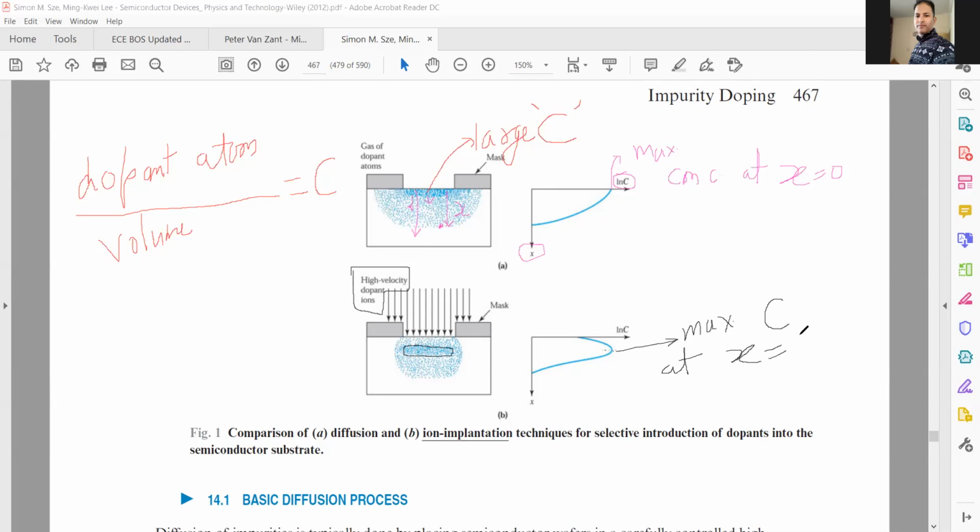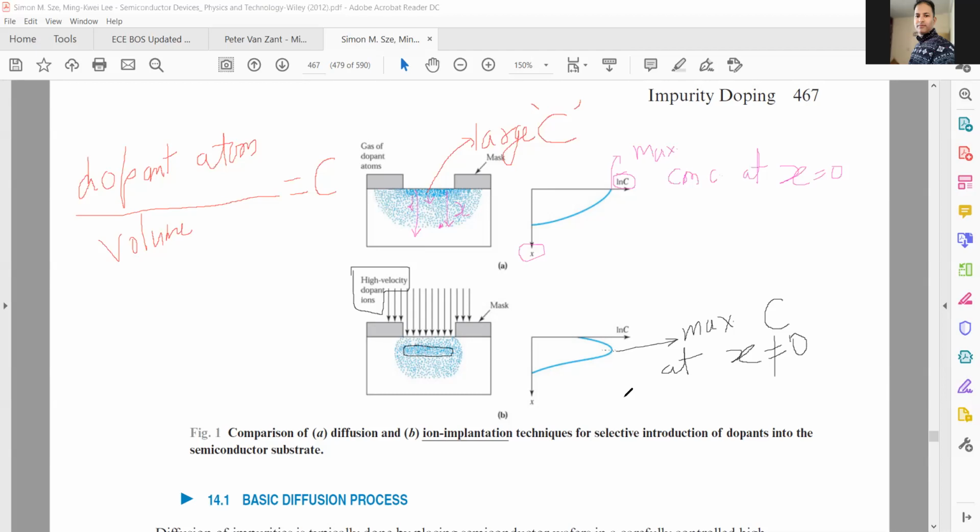What is important here is that we can change the energy of ions to change where we want the maximum dopant concentration inside the substrate. So we can control the depth.